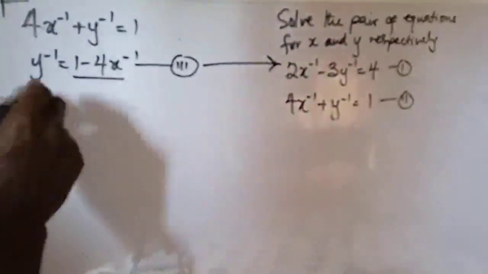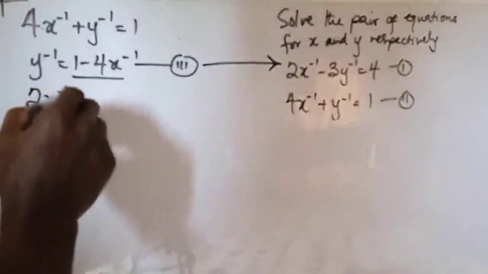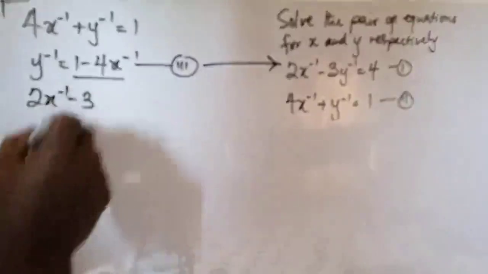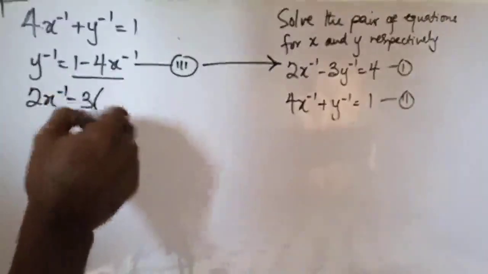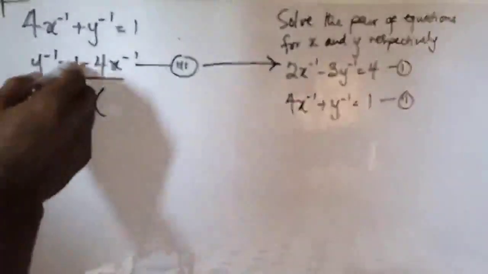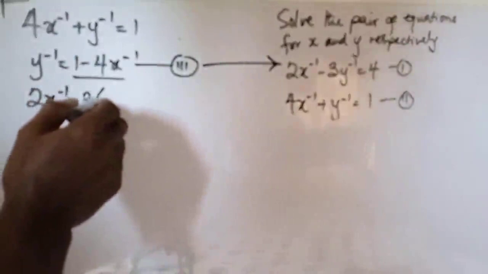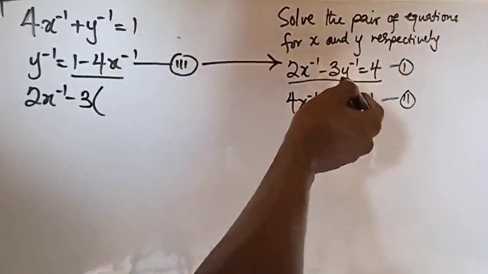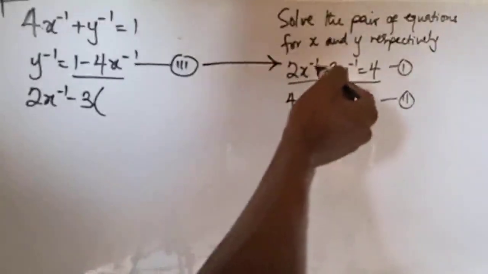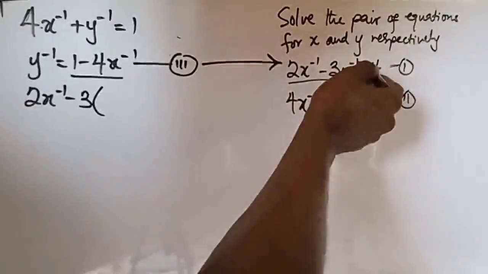So let's get started. From equation 1, we have 2x raised to power minus 1, then minus 3y raised to power minus 1.